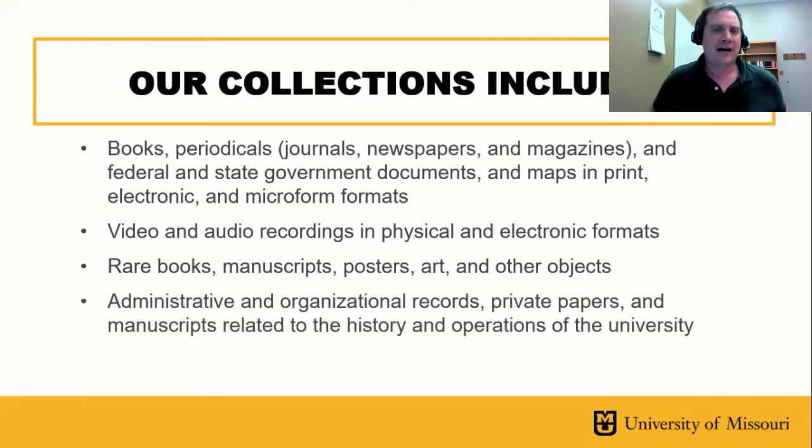We have university archives, which collects administrative records, private papers, manuscripts, things that are related to the history and operations of MU. And it's important to note that a lot of those things, especially materials that come out of the university archives and special collections, are also things that when we have the opportunity, we try to digitize and make available to people online.